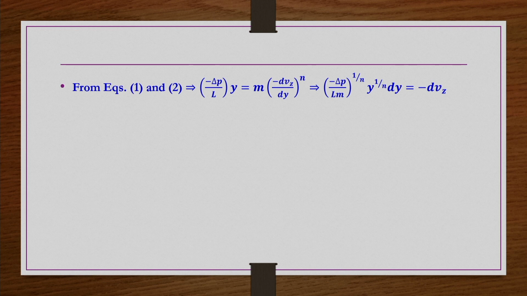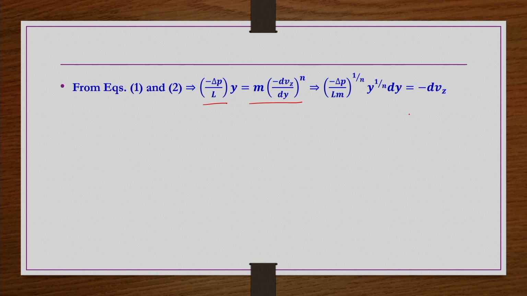Now, this tau yz is nothing but minus delta p by L times y. So, minus delta p by L y equals tau yz. In place of tau yz, we write m times minus dvz by dy, whole power n. Now, what do we want? We want the velocity expression vz. So, we keep the vz term on one side and all other terms on the other side.